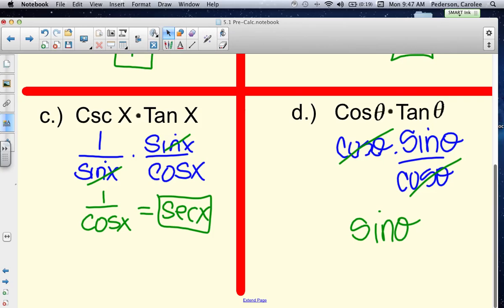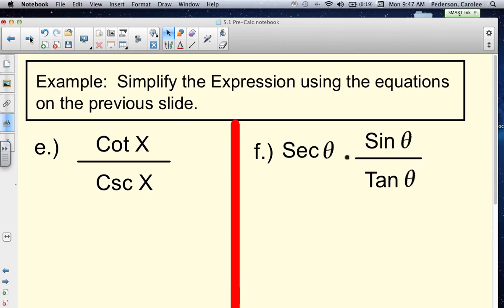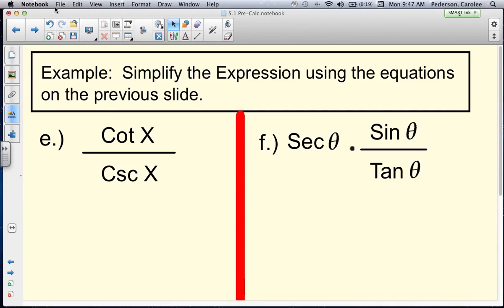Okay, 2 more. Question E. Cotangent of x divided by the cosecant of x.